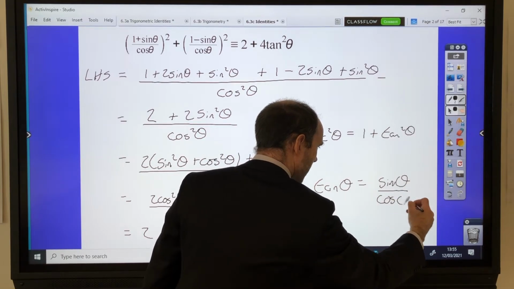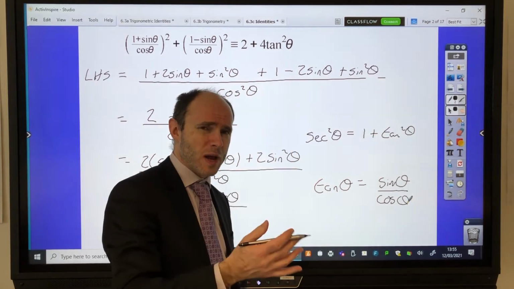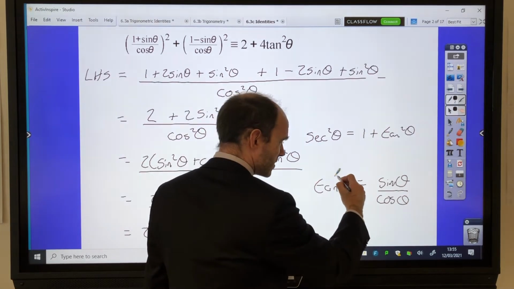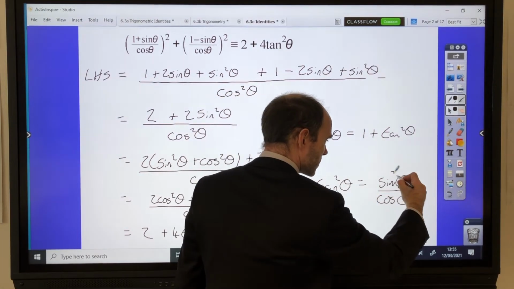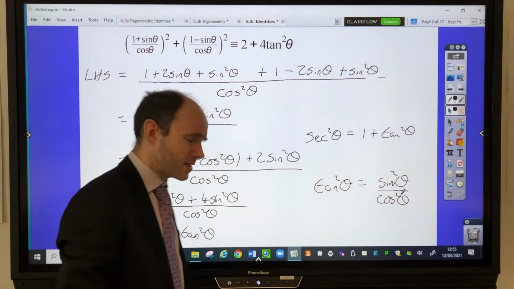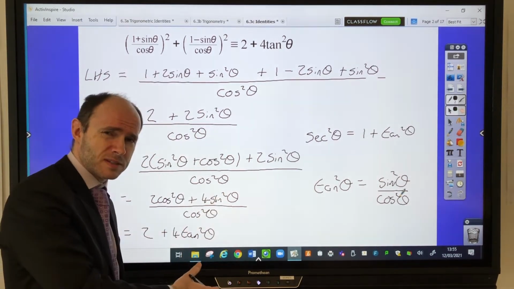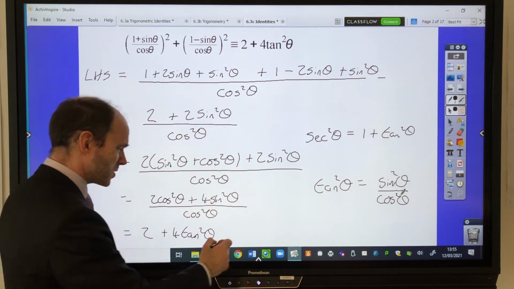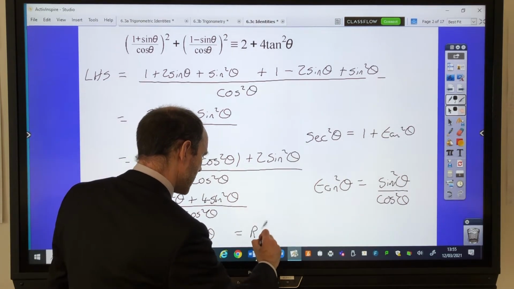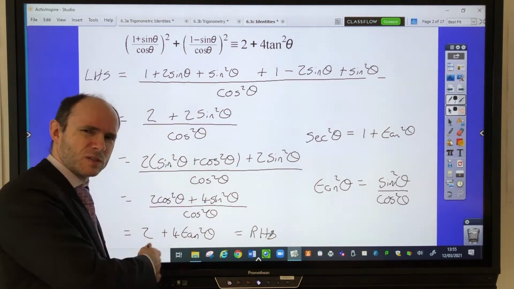If you square both sides, you end up with this identity. Tan squared theta is sine squared theta over cos squared theta. Hence that over that is tan squared theta. And I've run out of space, as I kind of predicted, but that, of course, is equal to the right-hand side.